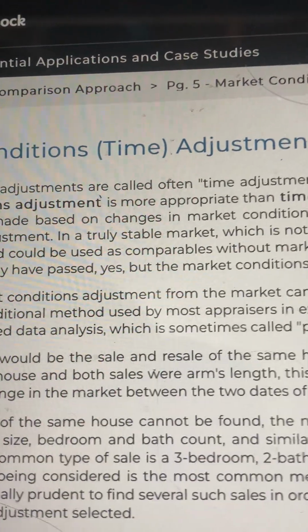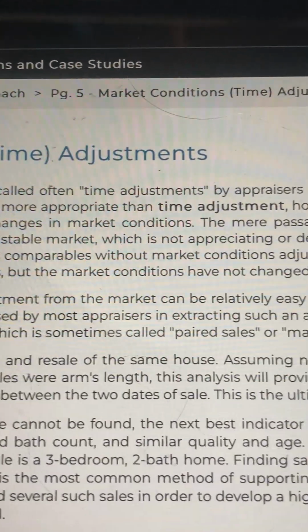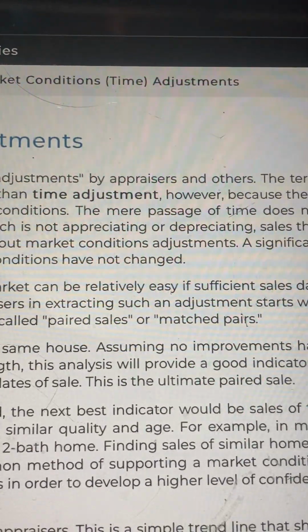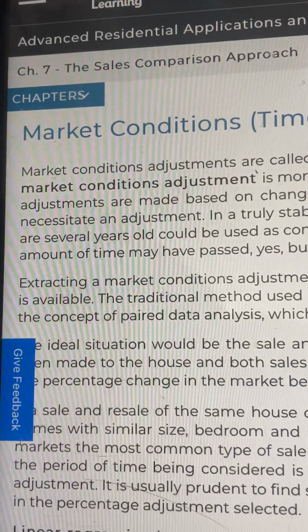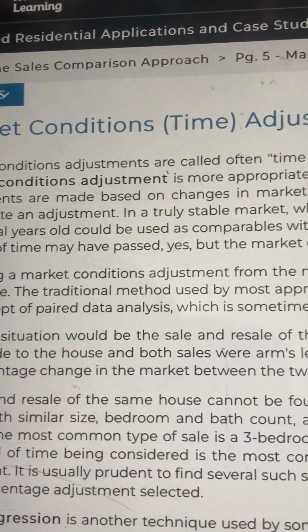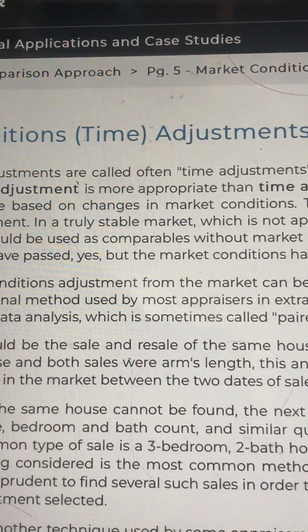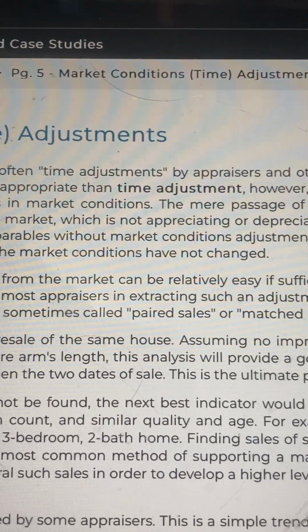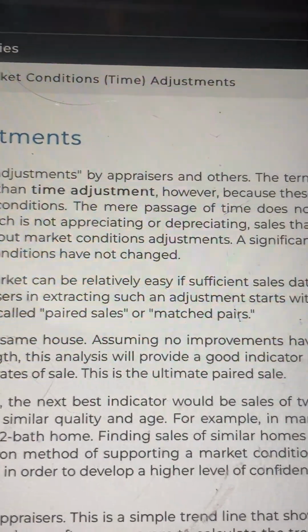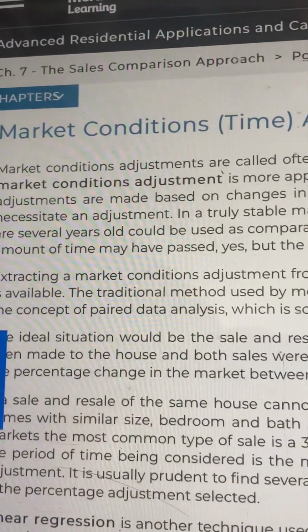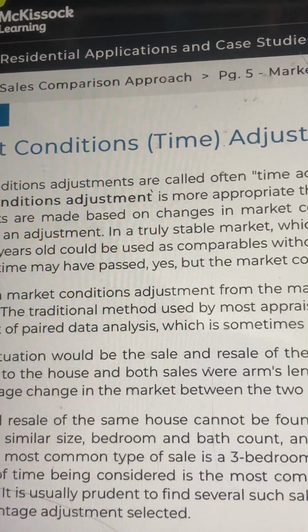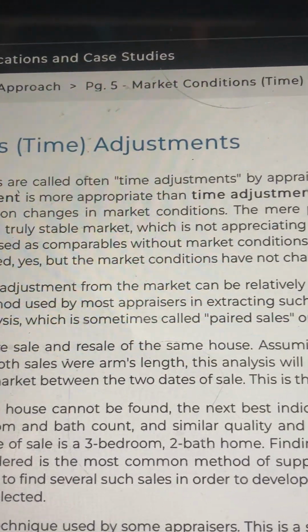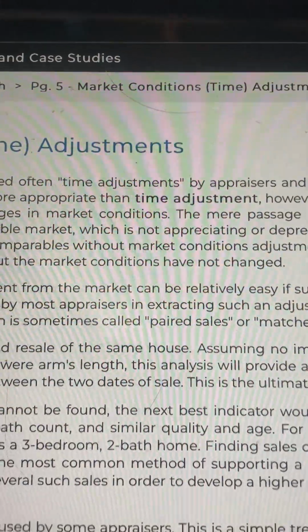In a truly stable market, which is not appreciating or depreciating, sales that are several years old could be used as comparables without market conditions adjustments. A significant amount of time may have passed, yes, but the market conditions have not changed.